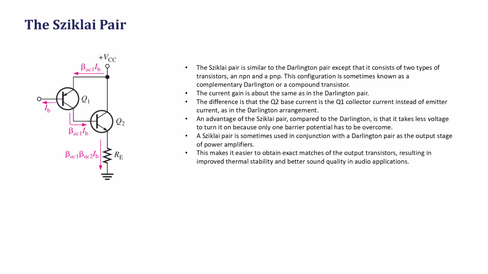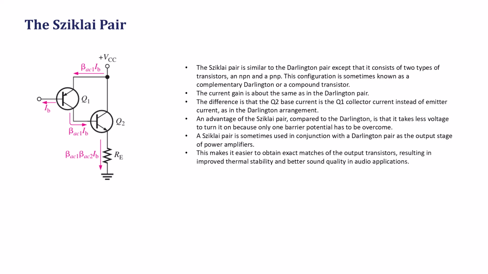Our last configuration is the Sziklai pair. It's similar to the Darlington pair, except it uses two different types of transistors, an NPN and a PNP, which is why it's sometimes called a complementary Darlington or a compound transistor. The current gain is about the same as what we get from a Darlington pair.